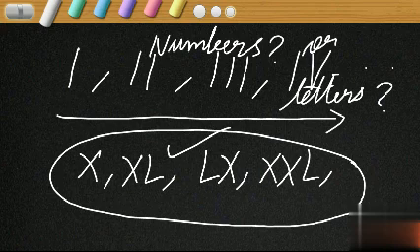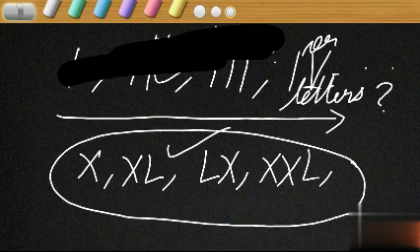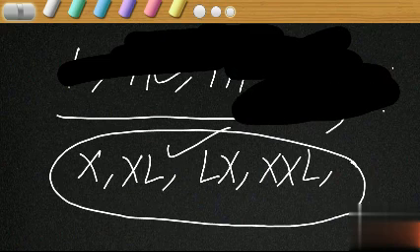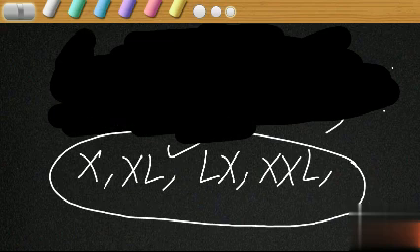Using letters, can we denote a particular size or measure? No, obviously we can't. So surely these must be numbers. From all these examples we can conclude that these I, V, L, X and all are numbers, of course.